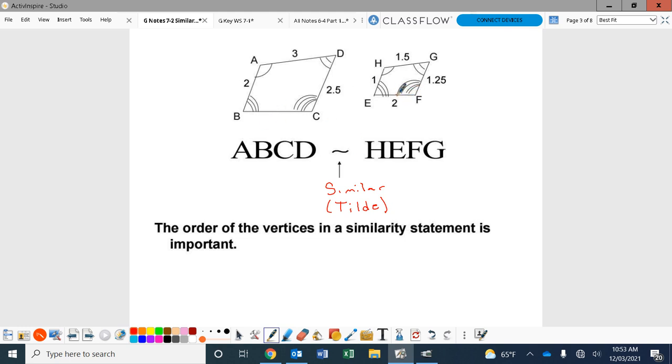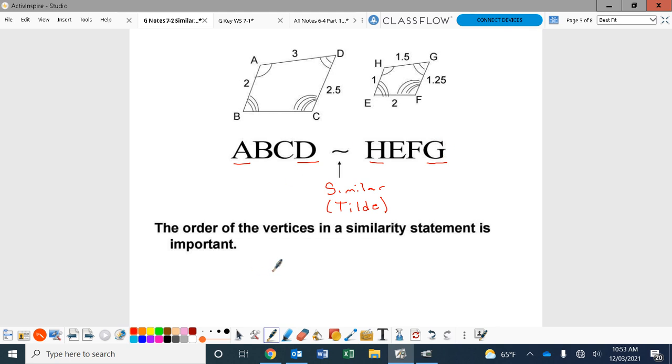Now, the order of the vertices matters. You cannot change the order up. So, because A matches up with H, it comes first, and this one comes first. Because D has 2 marks, and G has 2 marks, and this one's last over here, then this one's got to be last over here. So if I change the name around, and let's see what I named it.